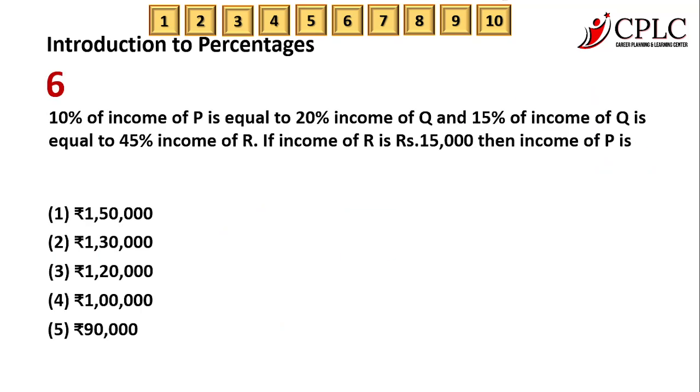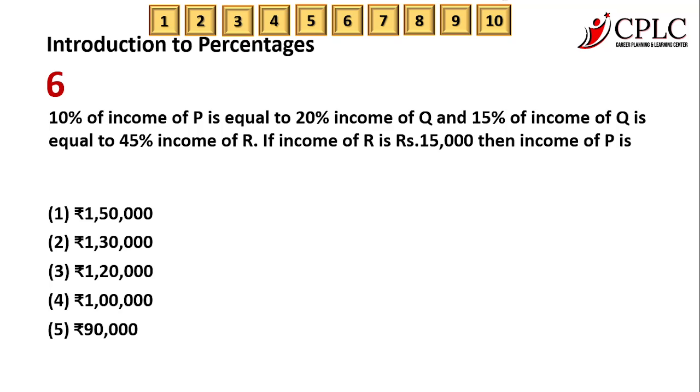Let's talk about question number 6. One of the simplest questions, but again, you still have to understand and nail it in a faster way. It says 10% of income of P is equal to 20% of income of Q and 15% of income of R. If the income of R is 15,000, then the income of P is dash.